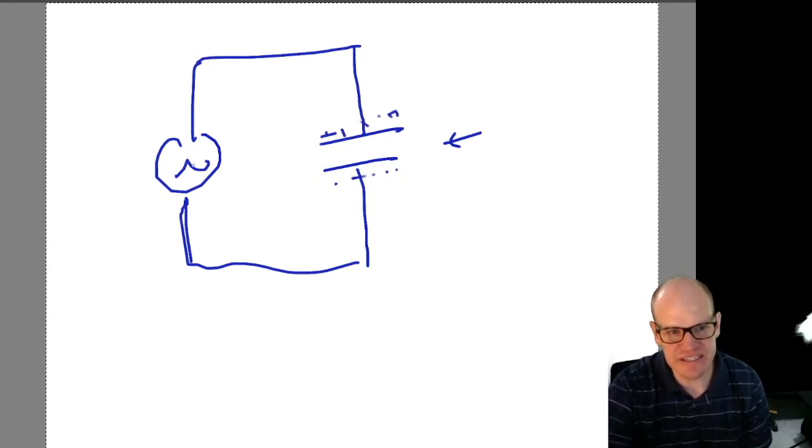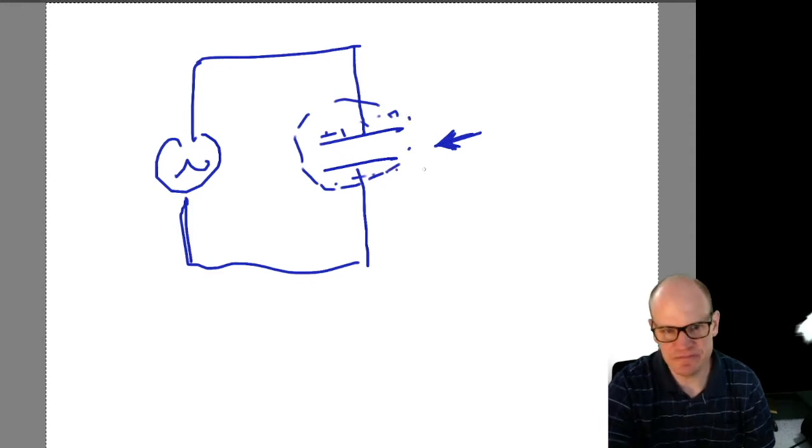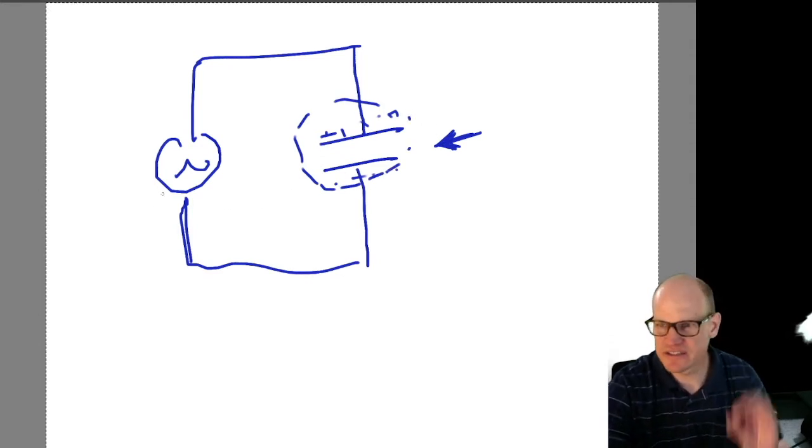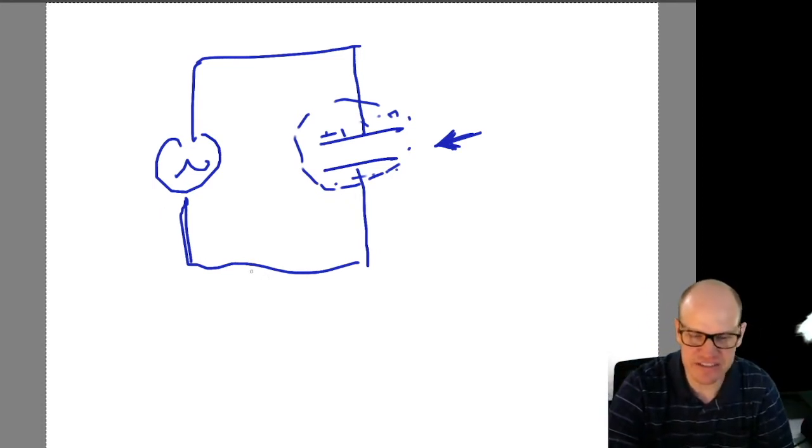But here, with an AC circuit, what we want to look at is the response of this circuit. What's the response of this voltage, or the behavior of this element, this capacitor, when you oscillate the voltage? So you're flipping the voltage up and down at some frequency.